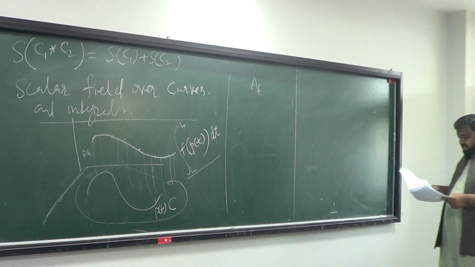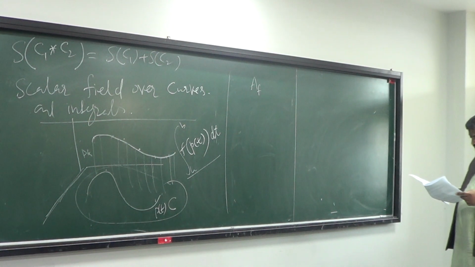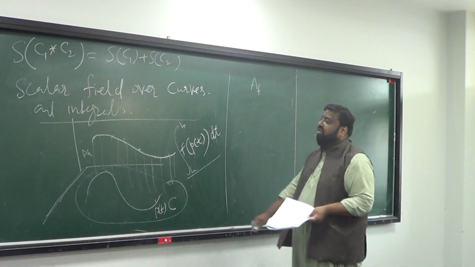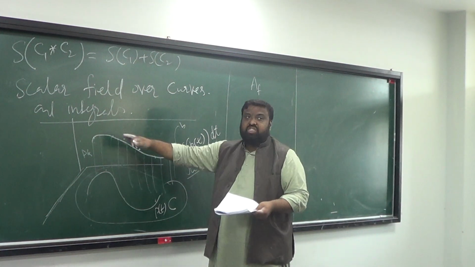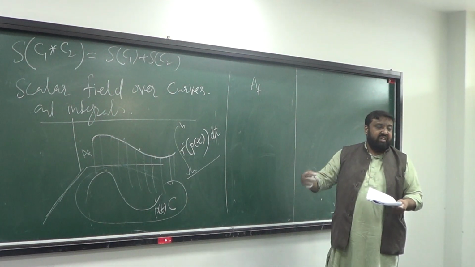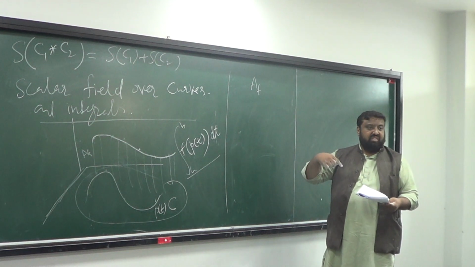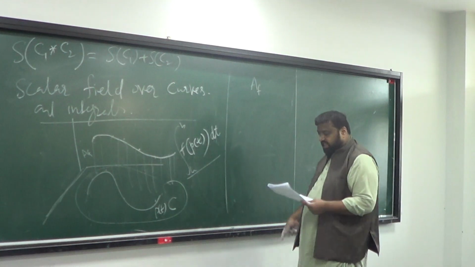This can be done when you involve how this curve is changing in this space. In other words, you have to involve in your definition the derivative of the parameterization, or the path. Okay, that's what we would like to do.